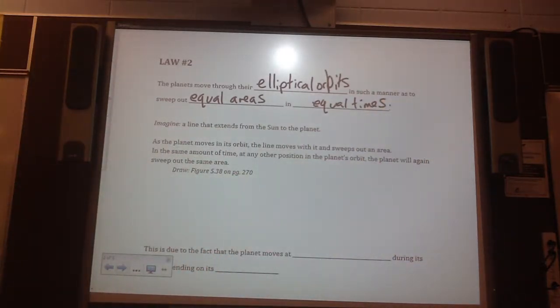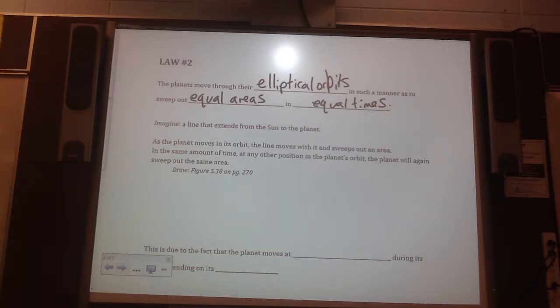So imagine a line that extends from the sun to the planet. As the planet moves in its orbit, the line moves with it and sweeps out an area. In the same amount of time at any other position in the planet's orbit, the planet will again sweep out the same area.